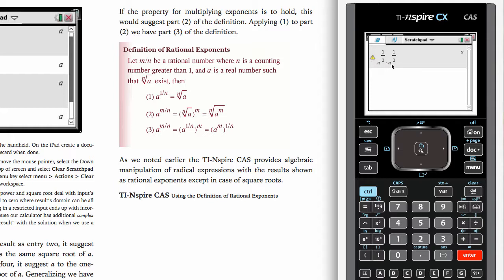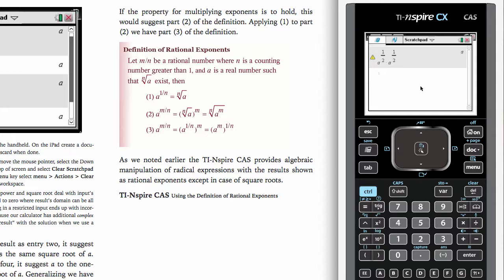Now, to see the warning, you can hover over your pad here, and it turns into a touchpad. And when you do that, you turn into a mouse. And when you click on here, it says domain of the result might be larger than the domain of the input. So let's take a look at something and see what they're kind of talking about.